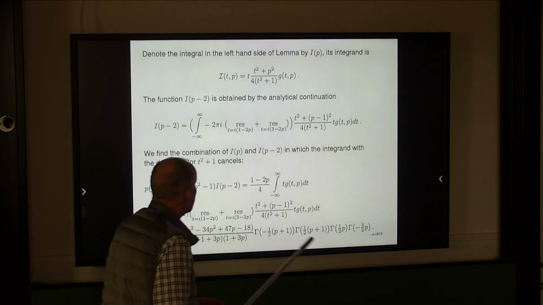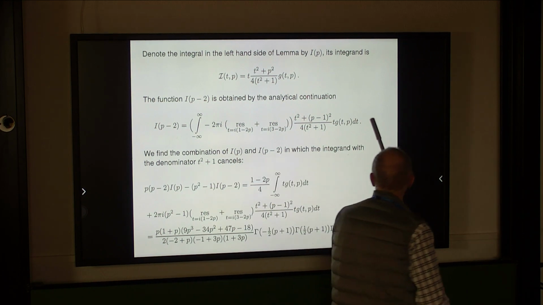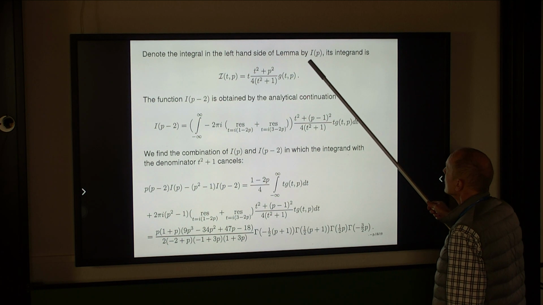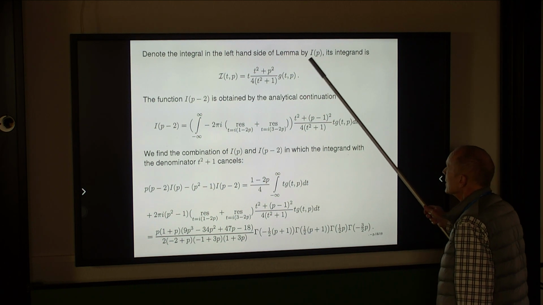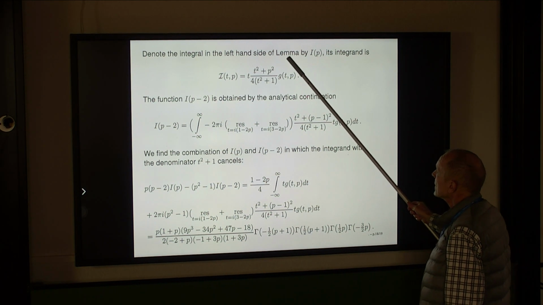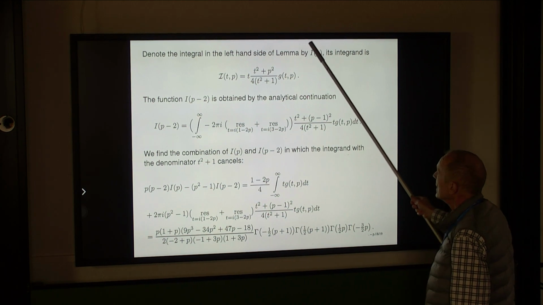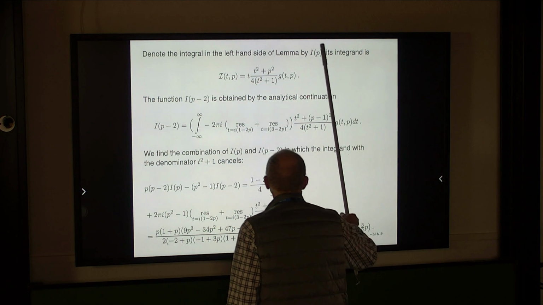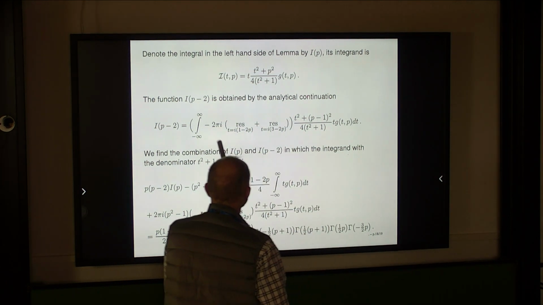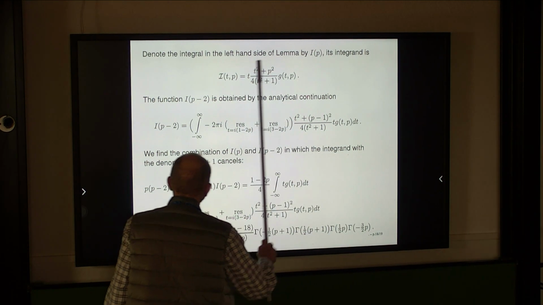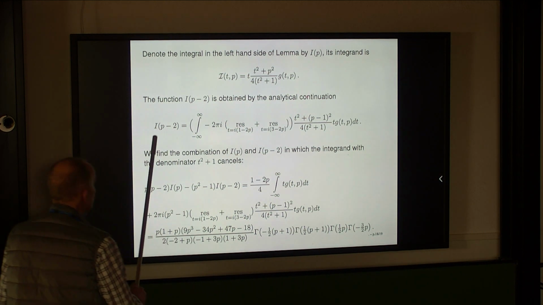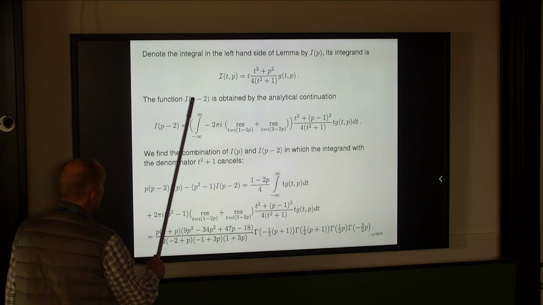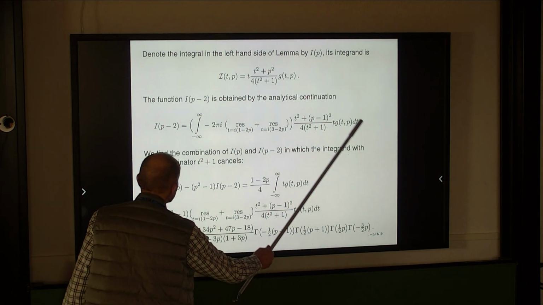So now, if I denote the, I don't know, so yes, this I of p is the integral of, in my lemma, and the integrand is like that. And now I compute I of p minus 2, and this is like that.